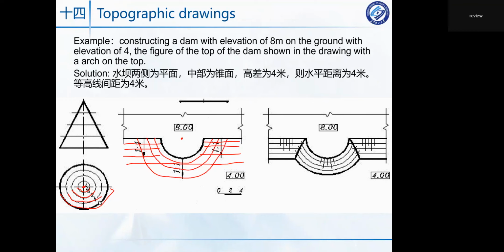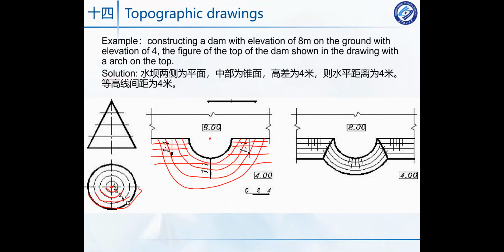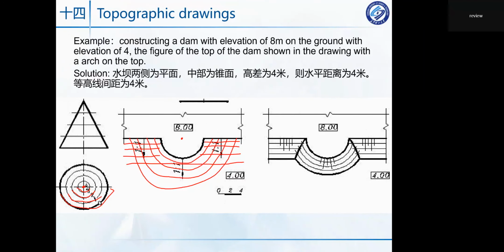Okay, for example, this one is 7, this one is 6, this one is 5, and this one is 4.